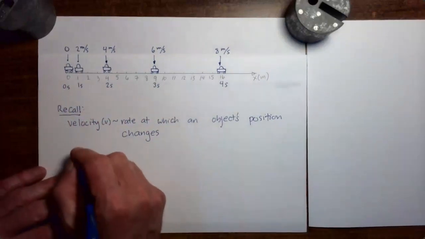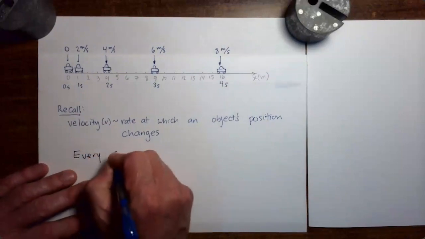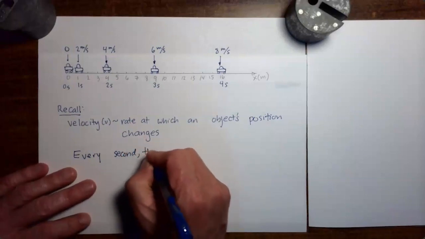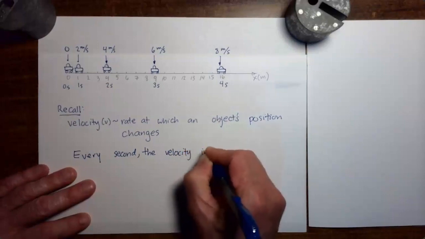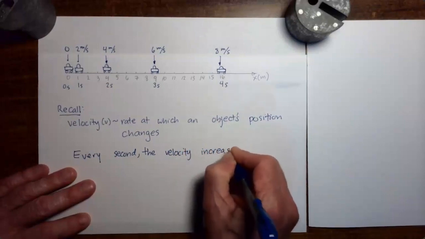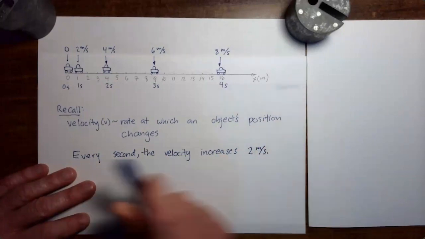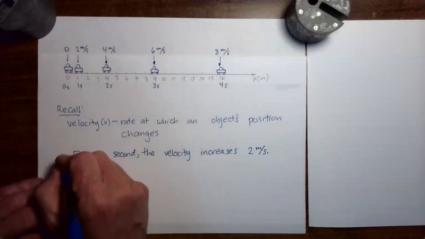So let me write that out. Every second, the velocity increases by 2 meters per second. Let's put that a different way.